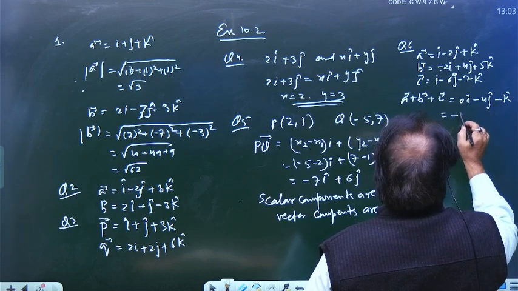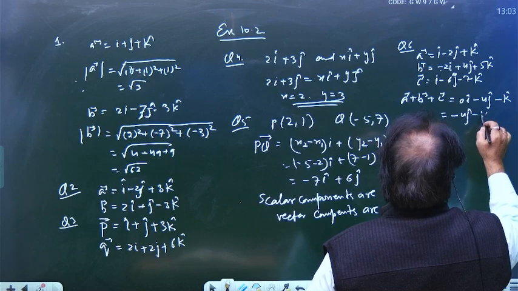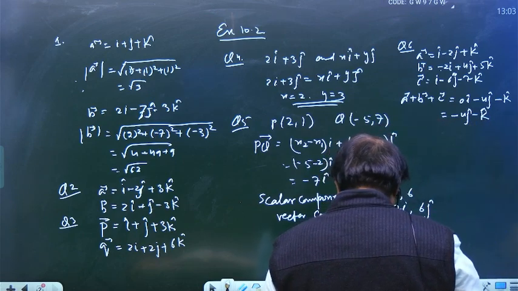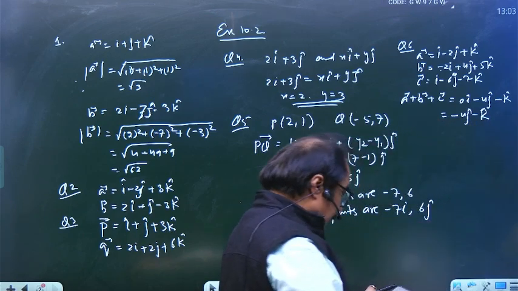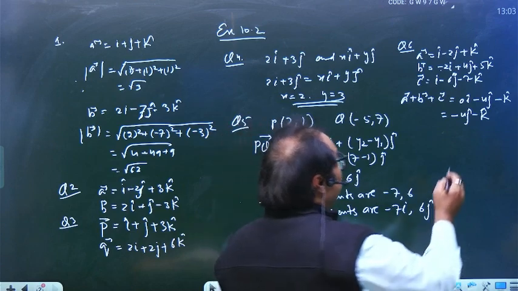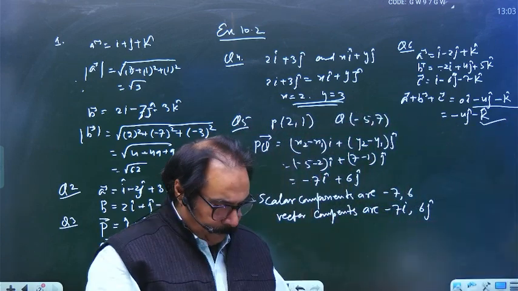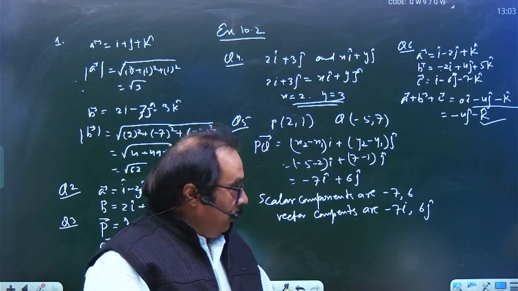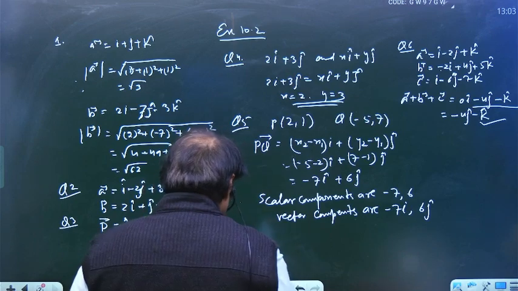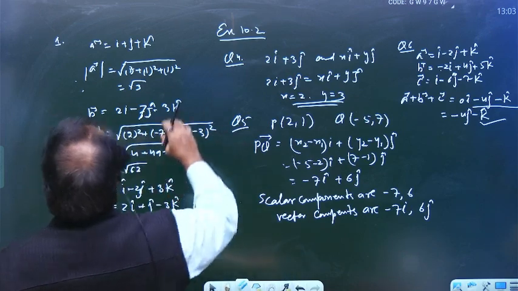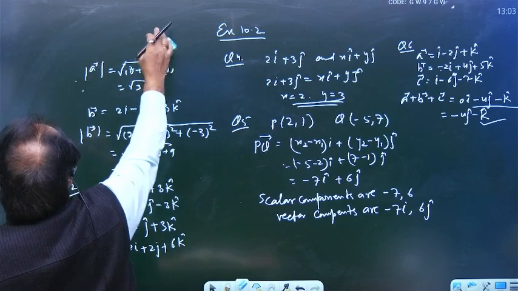So the final answer is minus 4j cap and minus k cap. This is the value of A plus B plus C. So either you may write up to here or up to right here. It is up to you. Okay, got it? So the next question is question number 7.